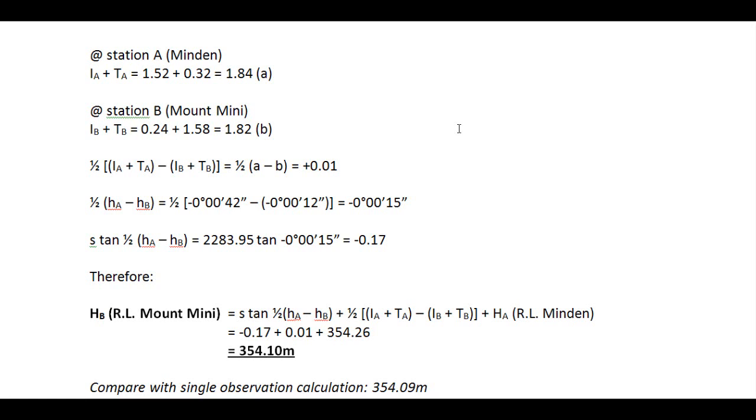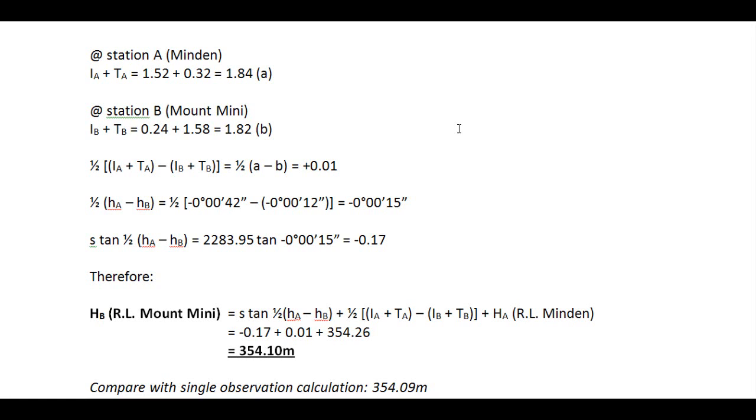Going to the formula for the angles, we take half of the difference of our two angles, which is negative 0 degrees 0 minutes 42 seconds, and from that we subtract negative 0 degrees 0 minutes 12 seconds. So this will give us an algebraic sum of 0 degrees 0 minutes 15 seconds.